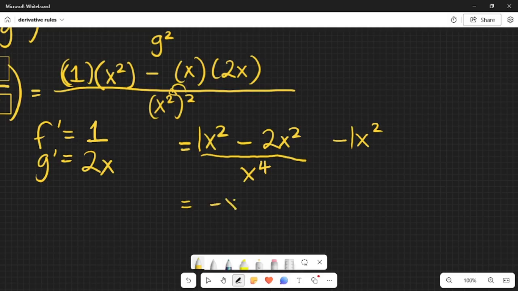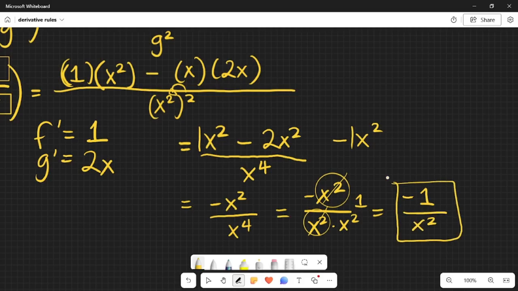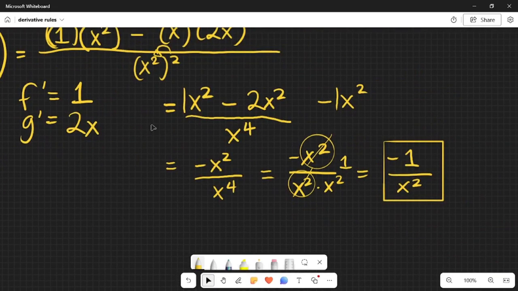So it would be negative x squared over x to the 4th. And since we can cancel out x squared in the numerator and the denominator, it'll be 1. So it would be negative 1 over x squared. So the derivative of this function is this.